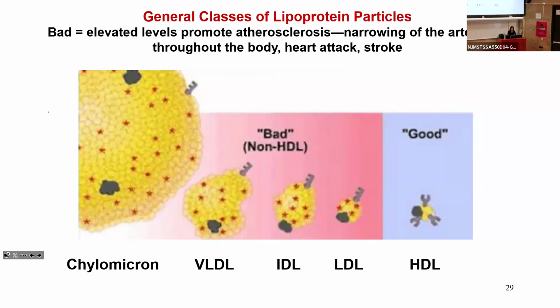And they're bad because they can increase your risk for atherosclerosis, the fancy name for narrowing of the arteries throughout the body. If you start to occlude the vasculature, this can increase your risk for heart attack or stroke.